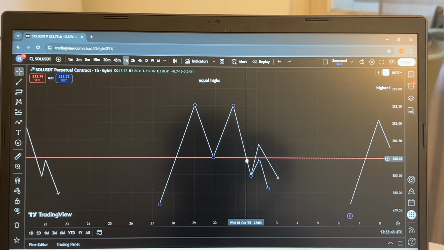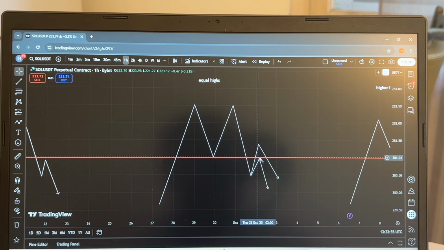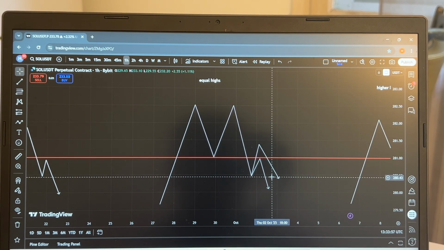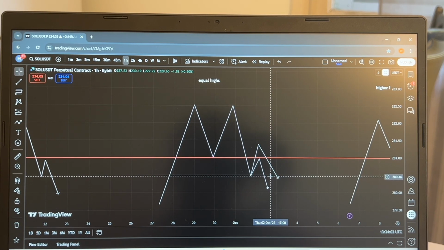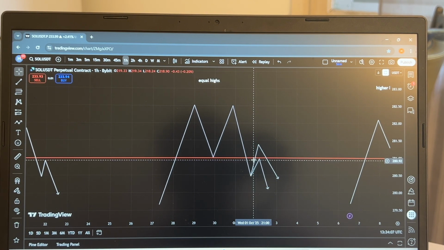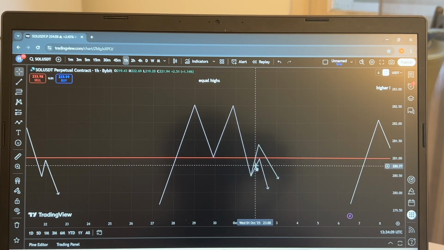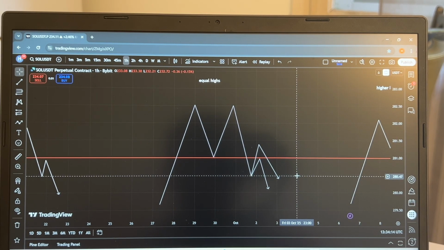Always wait until it goes down and until it retests. Always keep that in mind, because that's the crucial information. You need to get that into your head. Do not panic sell. Do not think that if I sell from here, I can make a few more bucks. Do not do that, because you might lose your money.